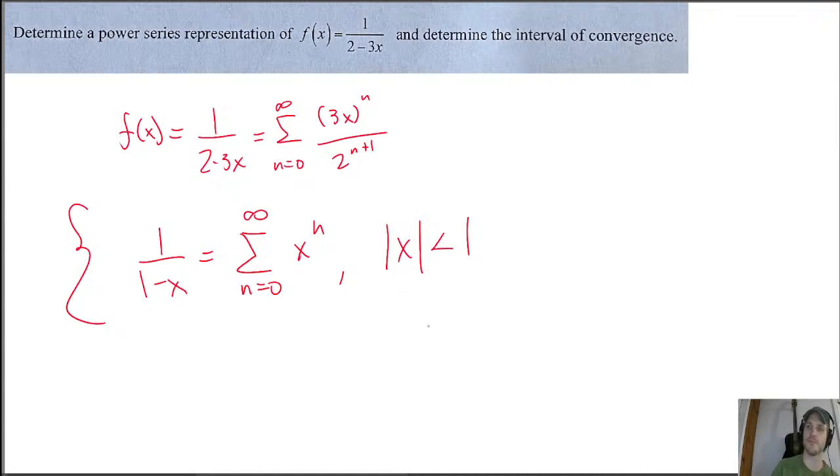Right. It's essentially a geometric series, right?